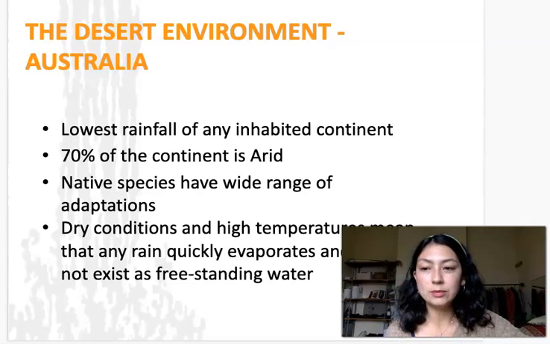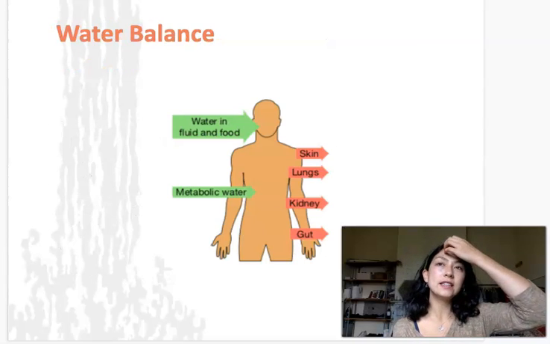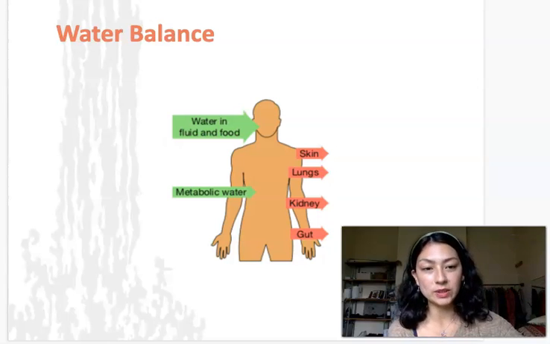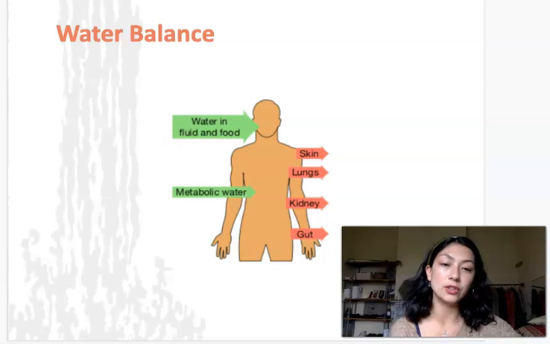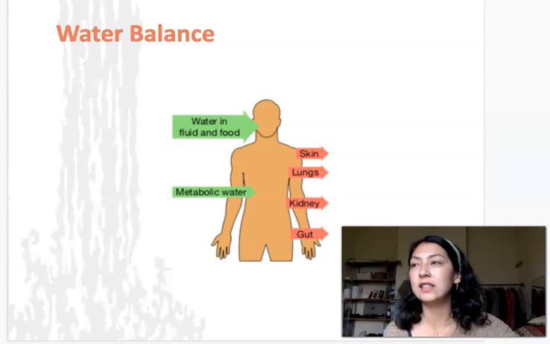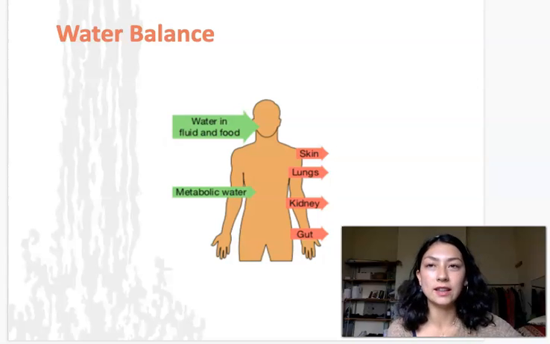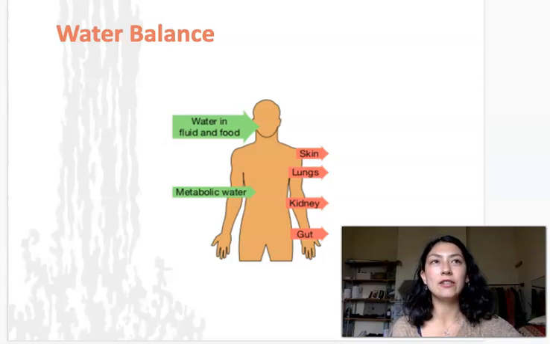Okay, let's move on to water balance. Water is life, remember. We are the blue planet. Water is the key to all of life. We ourselves are between 70-80% water, and most creatures on Earth are between 70 to 80% water, and most plants are at least 80% water. Water is life. It is the stuff that everything dissolves in.